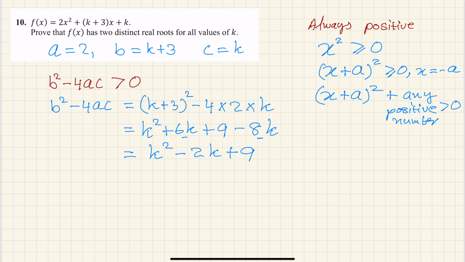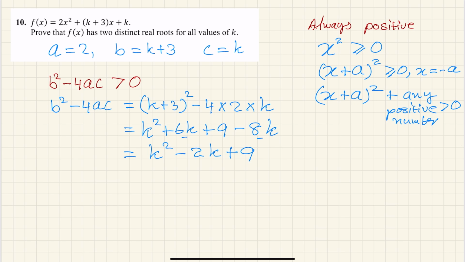This part can be equal to 0, but as we have a positive number at the end, the whole expression is always going to give you a positive value.